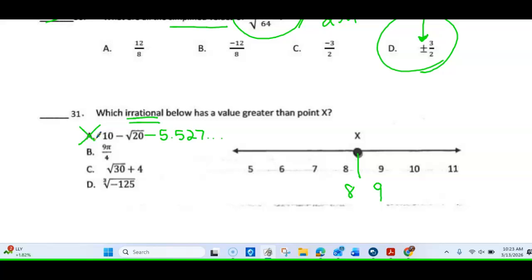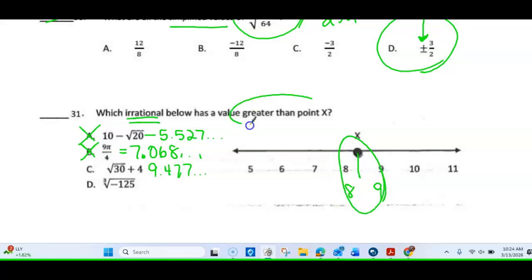The second one gives us 7.068... Not that. The third one, the square root of 30 plus 4, gives us 9.477... This number is greater than the number between 8 and 9, so your answer is letter C.